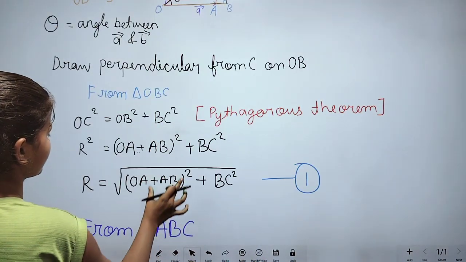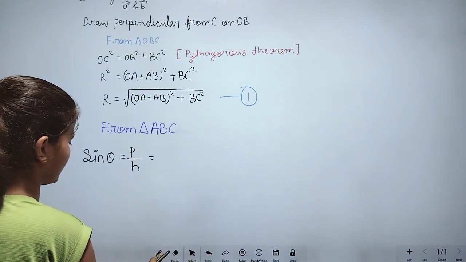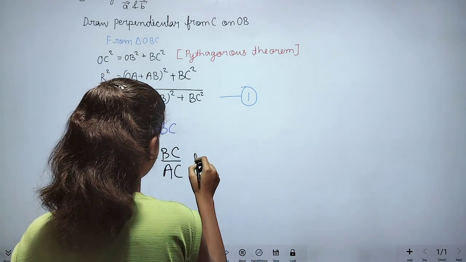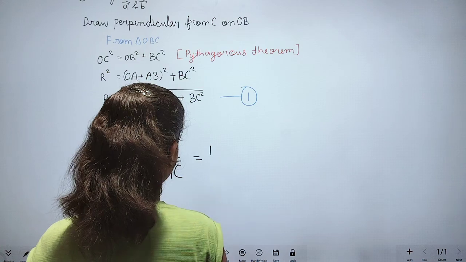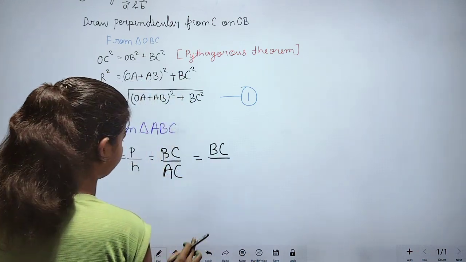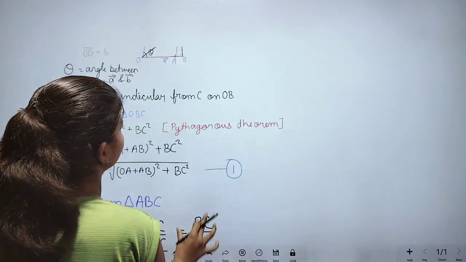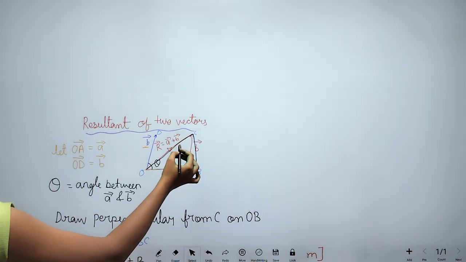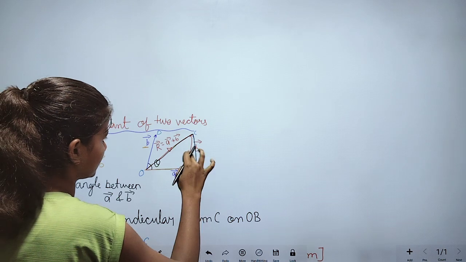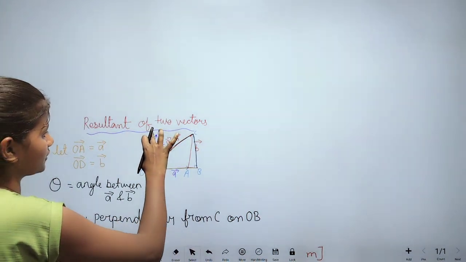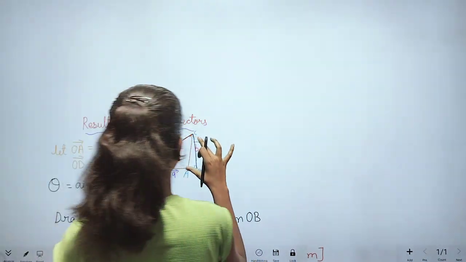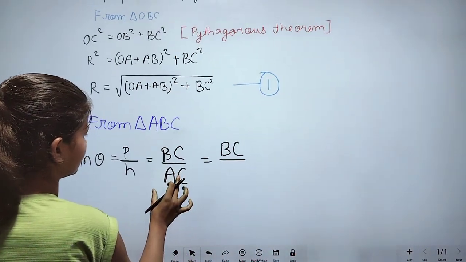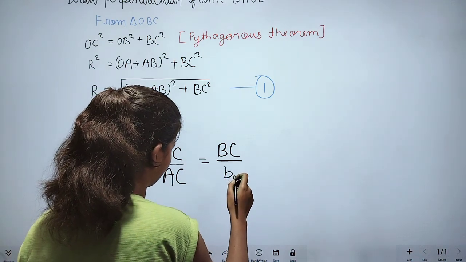So here you can write that BC by AC is equal to BC by B, because AC is B vector, and we shift it parallel. So AC is equal to B.